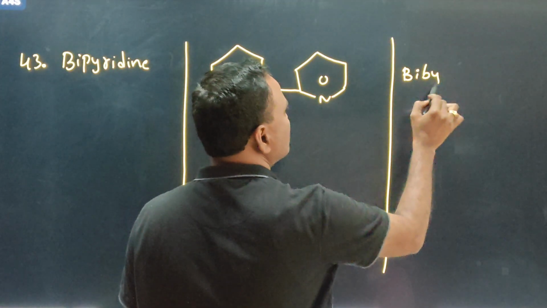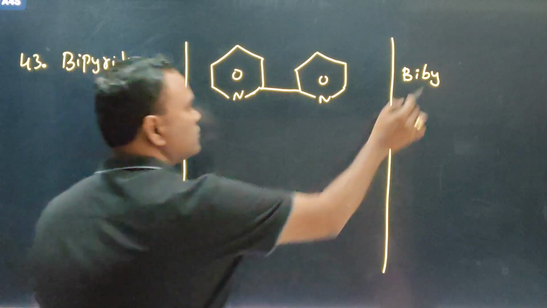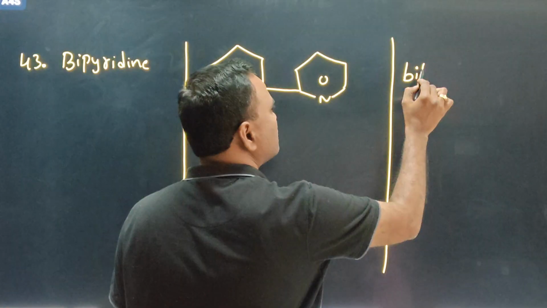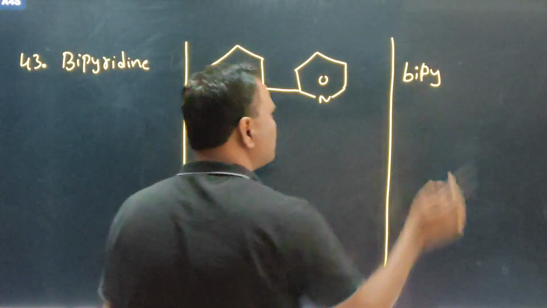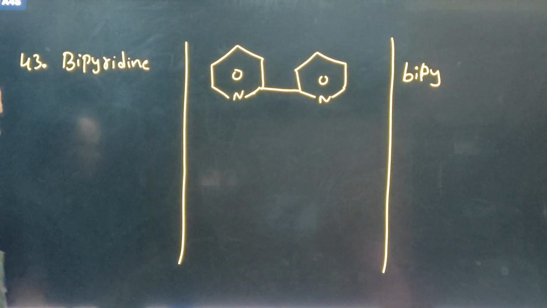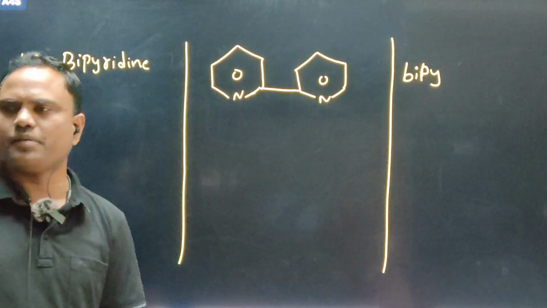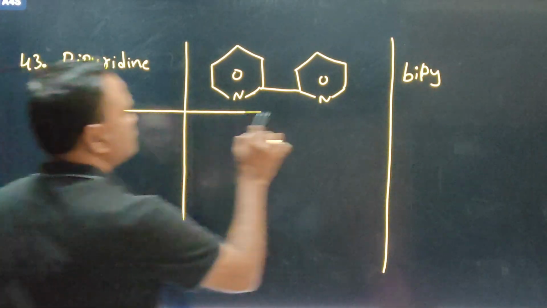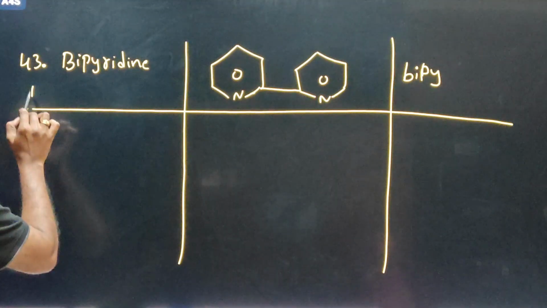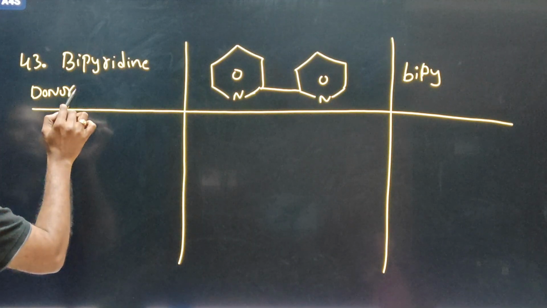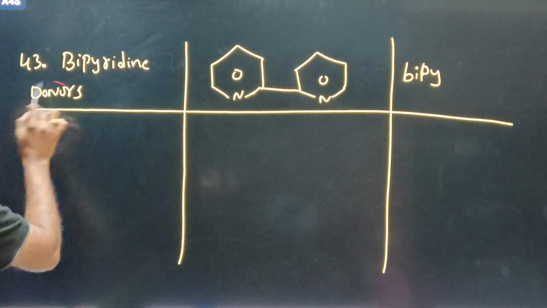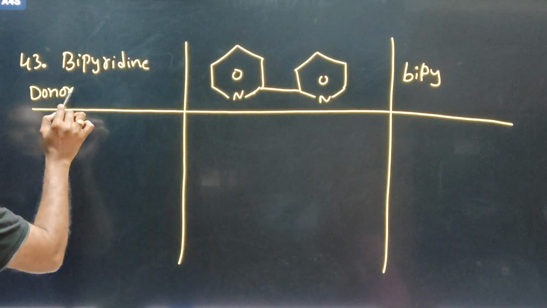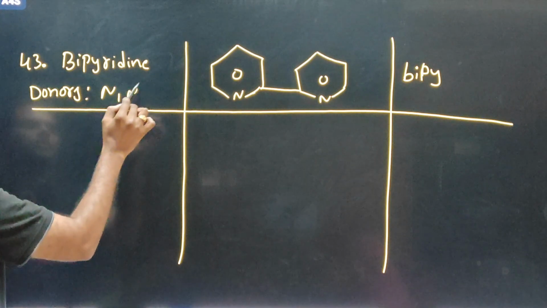Symbol bipy. Bipyridine or dipyridine. Symbol is bipy. Donor atoms? NN donors.